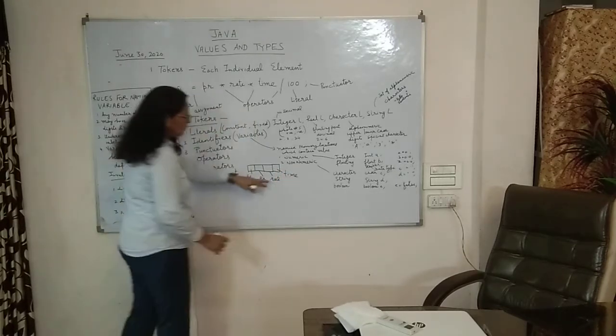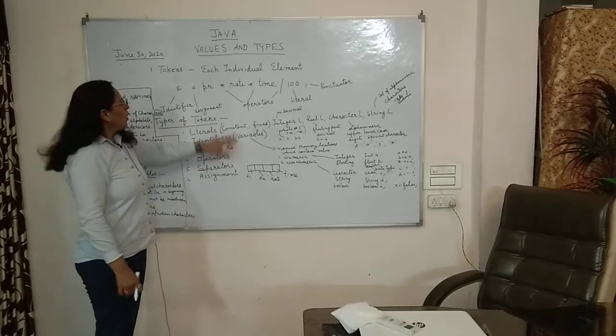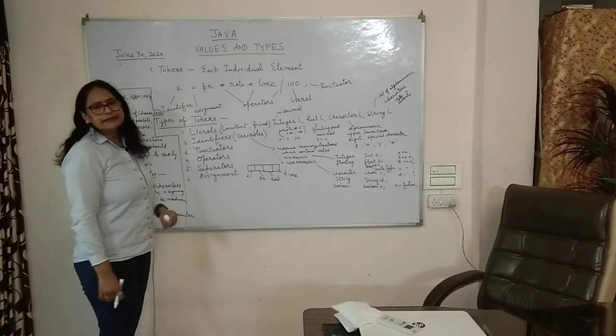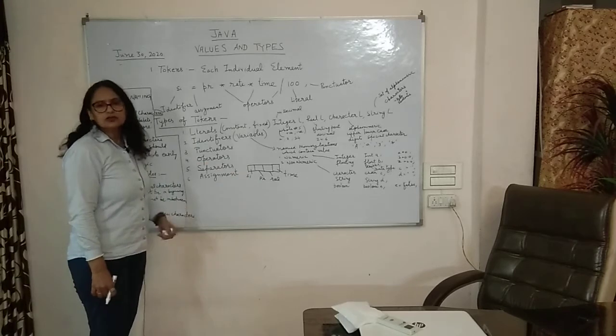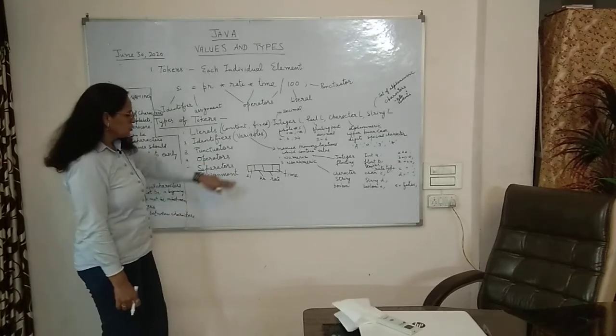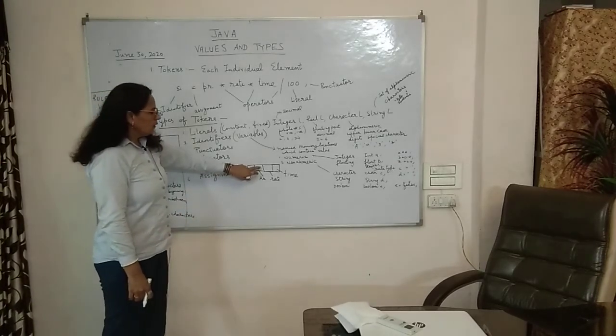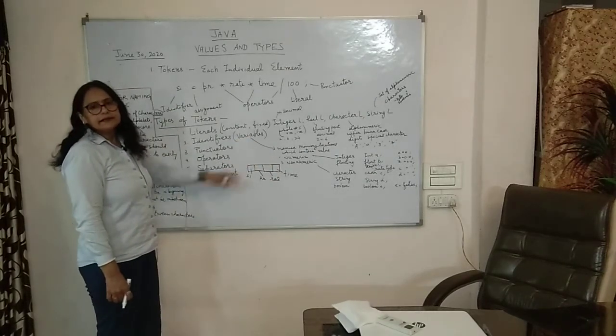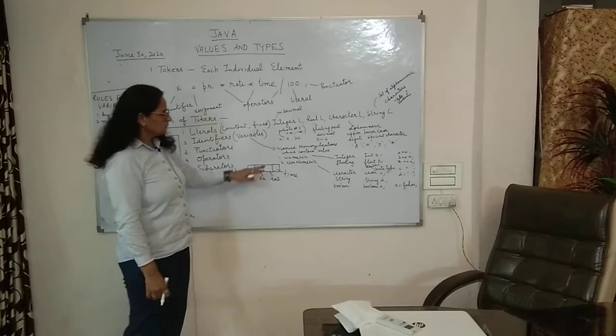So these are known as variables or also identifiers, but altogether we can say they are the tokens of the Java language. Here in these boxes of the memory we can save any constant value.